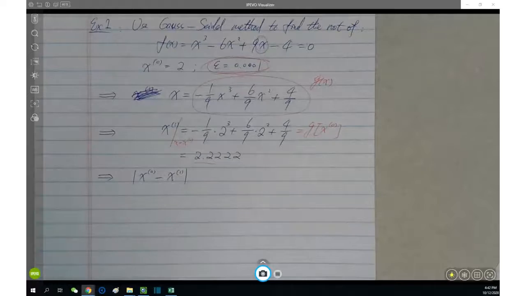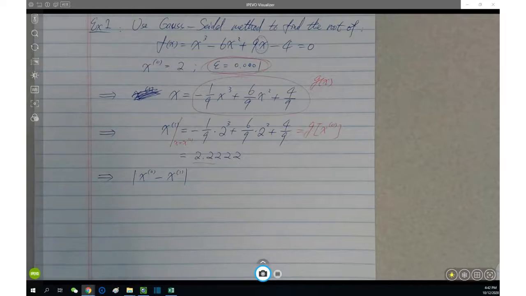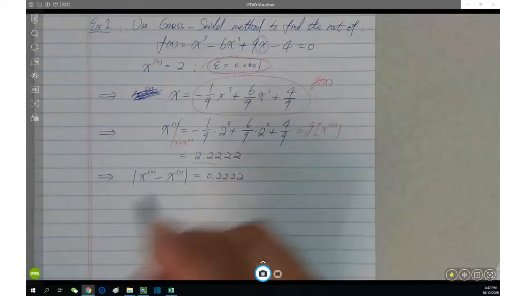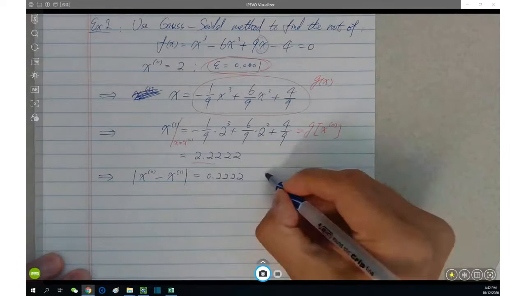Of course, it doesn't matter whether you write x of 0 minus x of 1 or x of 1 minus x of 0, because we are looking for the magnitude. If you do this algebra, once again, it's very straightforward, and you can easily tell this is greater than epsilon.